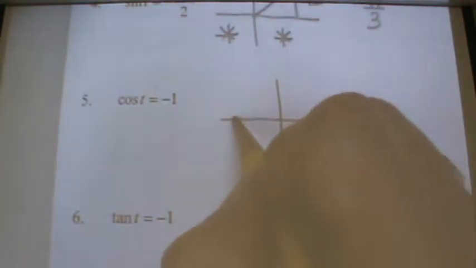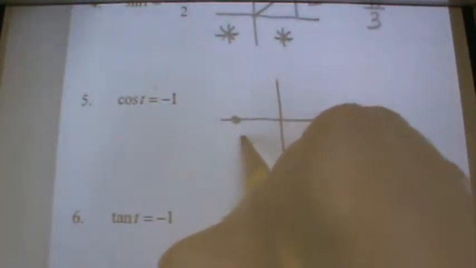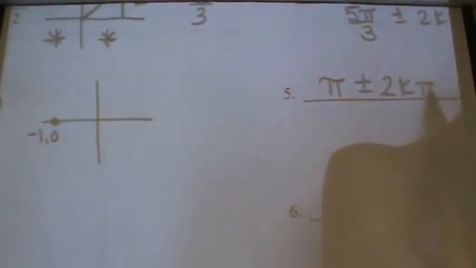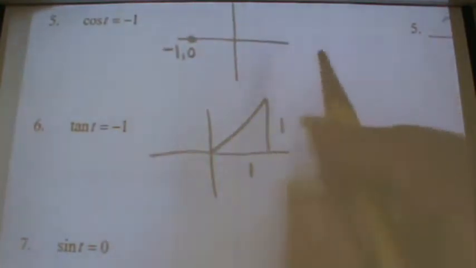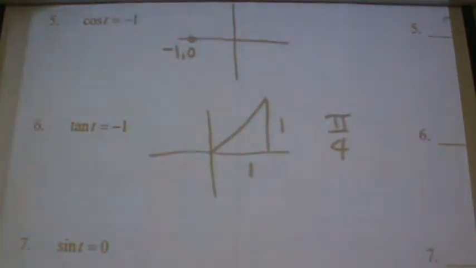This one, negative 1. Where's the x value negative 1? Right there. Negative 1, 0. So this is pi plus or minus 2k pi. Tangent, negative 1. That's a 45er. But where's the tangent negative?